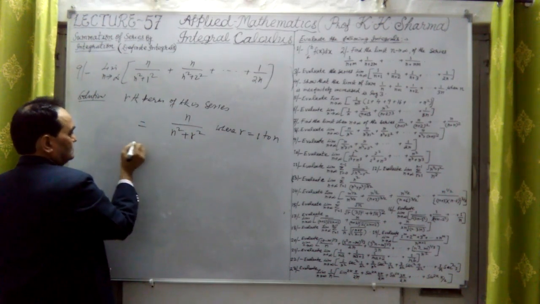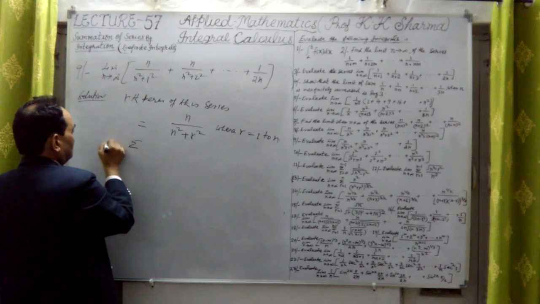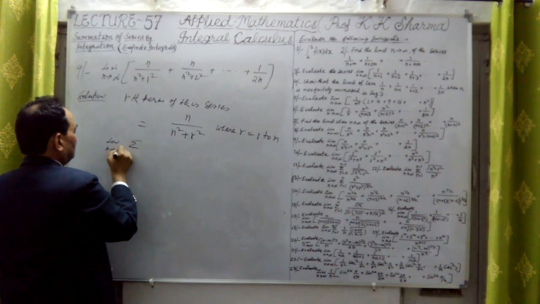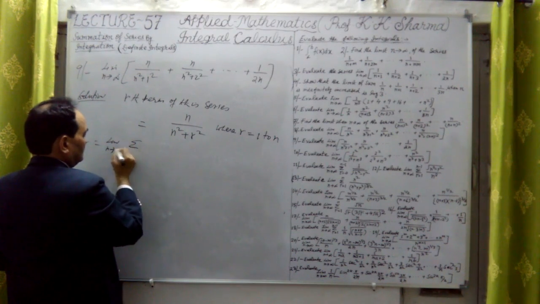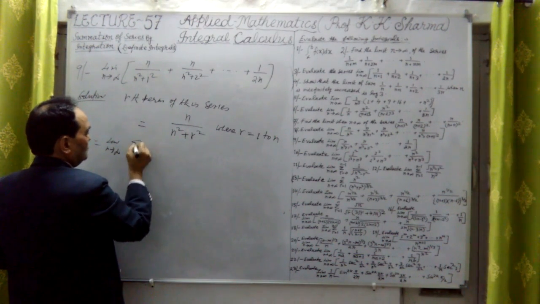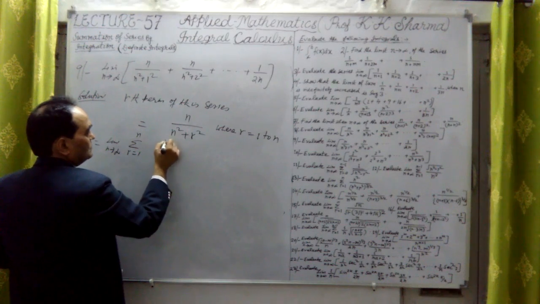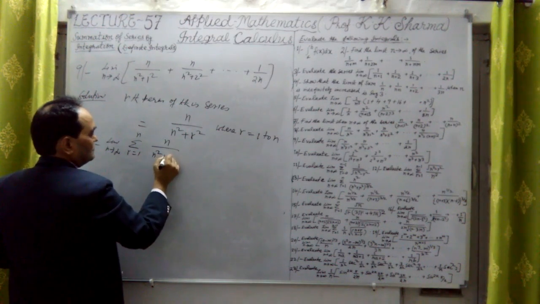So we can write it as the limit n tends to infinity, sigma r equal to 1 to n, of n upon n square plus r square.